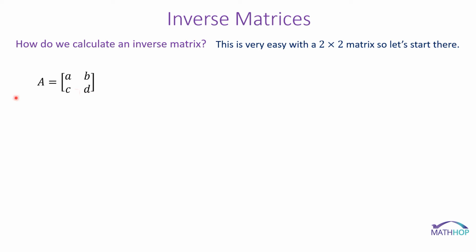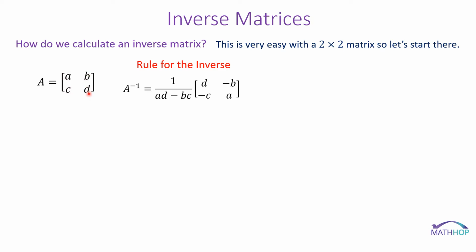We're just going to give you the rule for the inverse. I know normally we go through why the rule works. This time, it's really best to just commit this rule to memory. So the inverse of matrix A is equal to 1 over AD minus BC. AD minus BC simply means multiply on the diagonals and subtract.